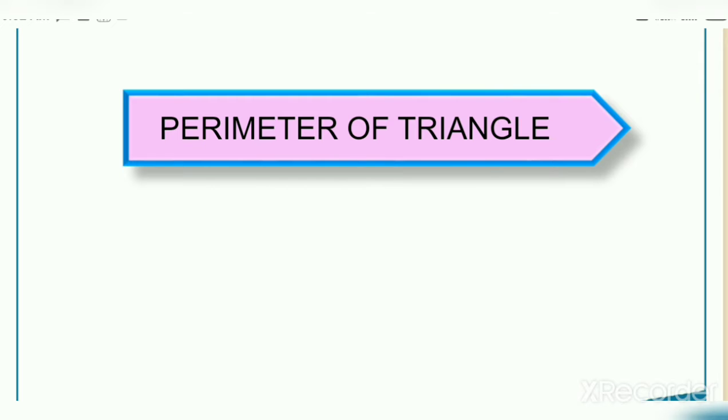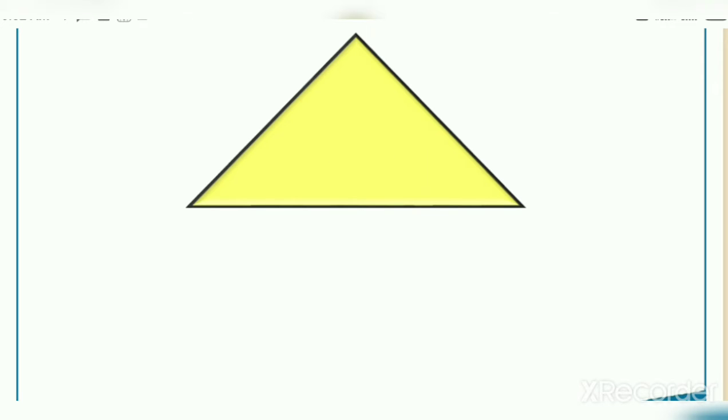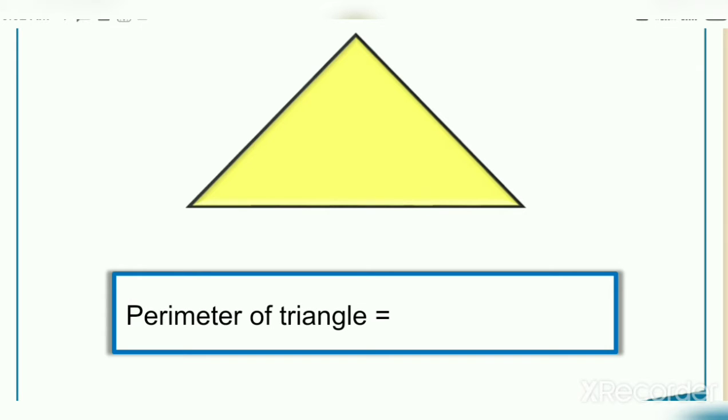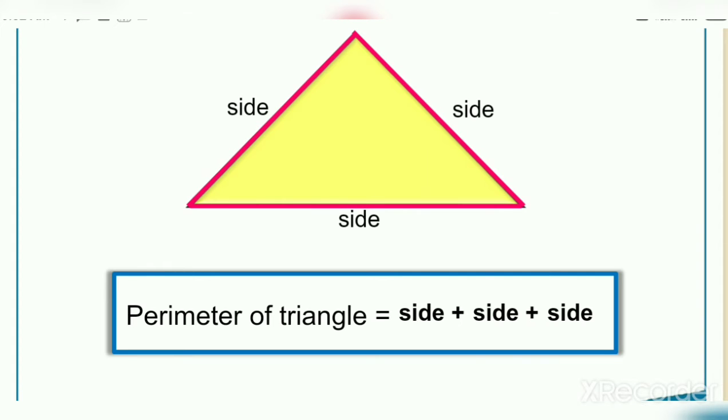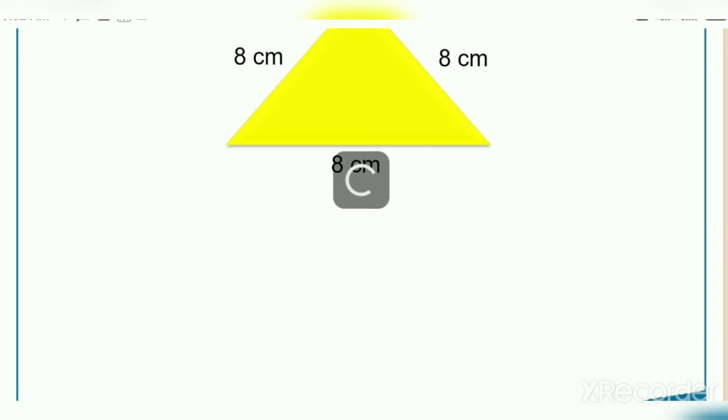Let us now try to find the perimeter of a triangle. We know that the perimeter of a triangle is the measure around the triangle. Perimeter of triangle is equal to side plus side plus side. Let's see an example.